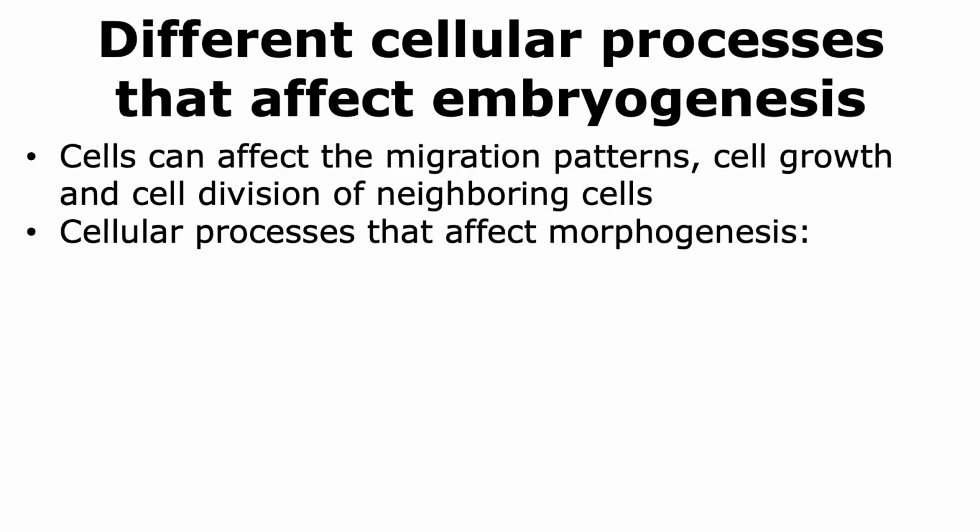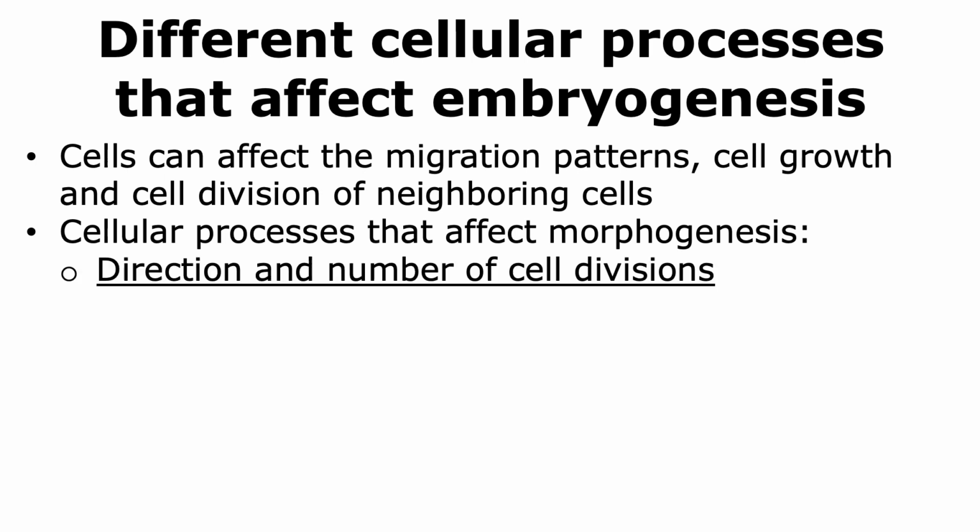In order for development to occur, the cells can affect the migration patterns, cell growth, and cell division of neighboring cells. Thus, cellular processes are present that can affect the process of morphogenesis.